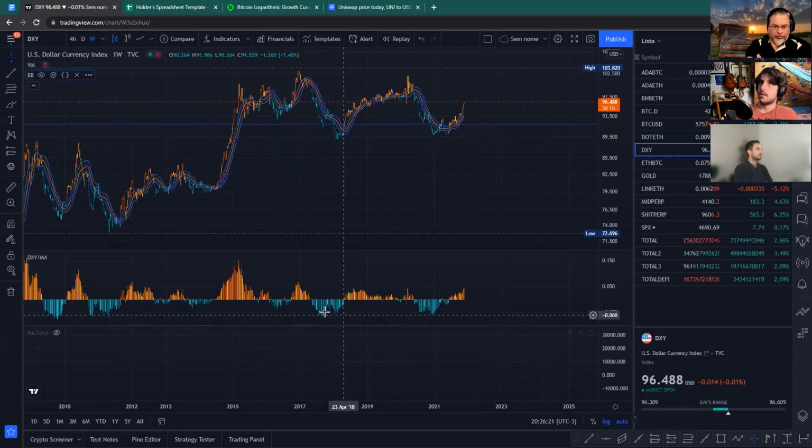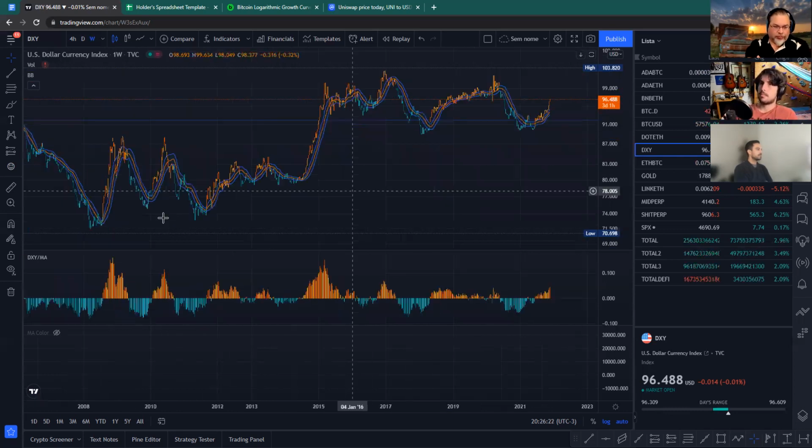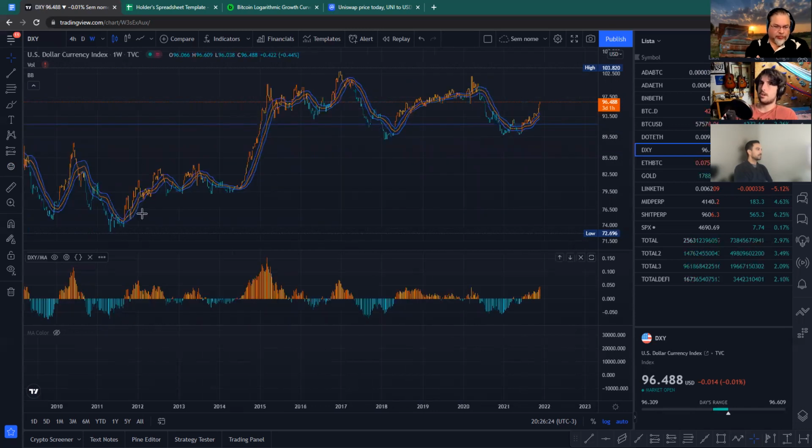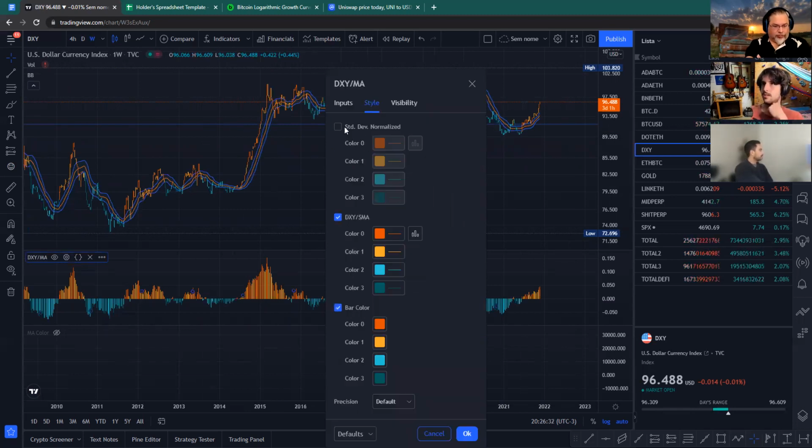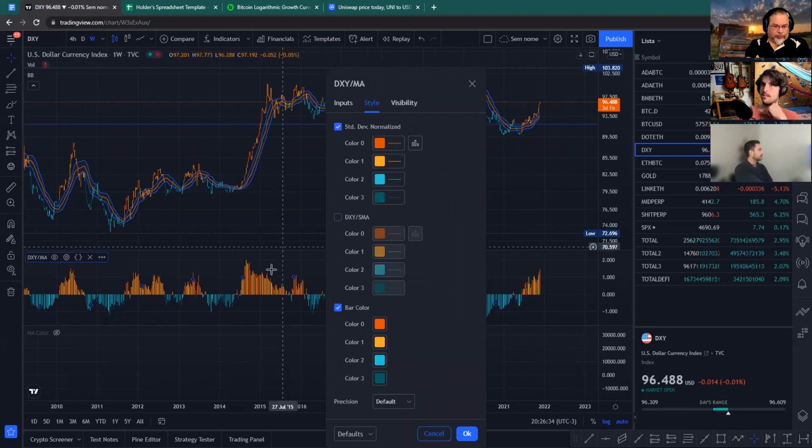Now, as you can see right here, it's just plotting the DXY and the difference to the moving average. Okay, so one thing that I've also done is to normalize it, make it flatter based on the standard deviation. Now, it's not using the standard deviation as a buffer. It's just using this to make it flatter.